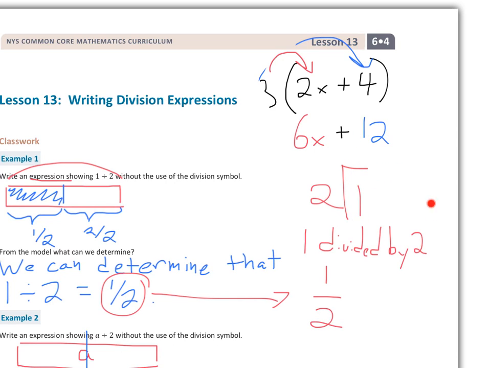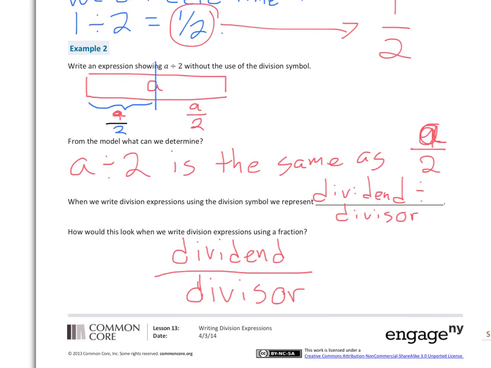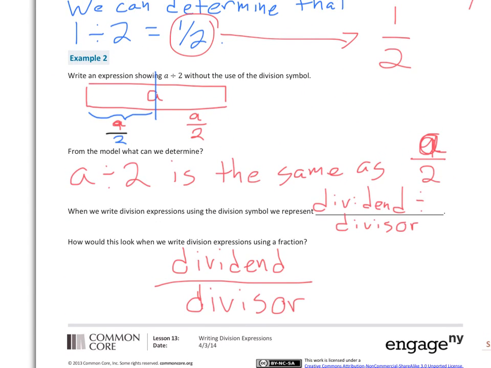You take the number that you're dividing up and you put it inside the little box, and then you take what you're dividing it into, how many things you're dividing it by, and you put that on the outside of the box. So when you're saying this problem, this is actually 1 divided by 2. And that just seems kind of weird to look at it like that. So the nice thing about fractions as division problems, as you notice when you're reading through this problem, this is a divided by 2, and it's in order.